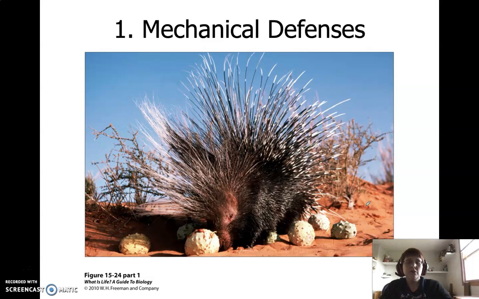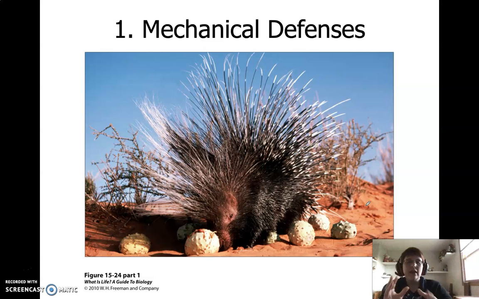But you can also go a different way with a mechanical defense and build yourself something like a shell. So things like turtles and tortoises, they have armor. Things like armadillos also have mechanical defenses. It's just instead of being pokey, you hide inside of your armor.